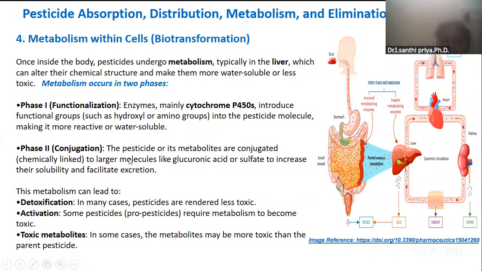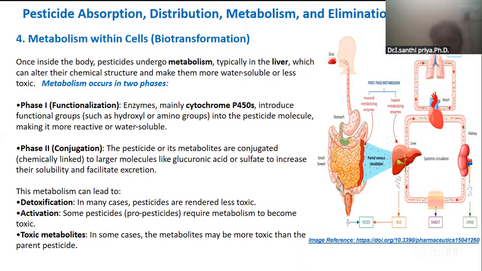And coming to phase two, another phase that happens in the metabolism in the liver: the pesticides or their metabolites are conjugated, in the sense that they are chemically linked or attached to larger molecules like glucuronic acid or sulfate, which are water soluble.